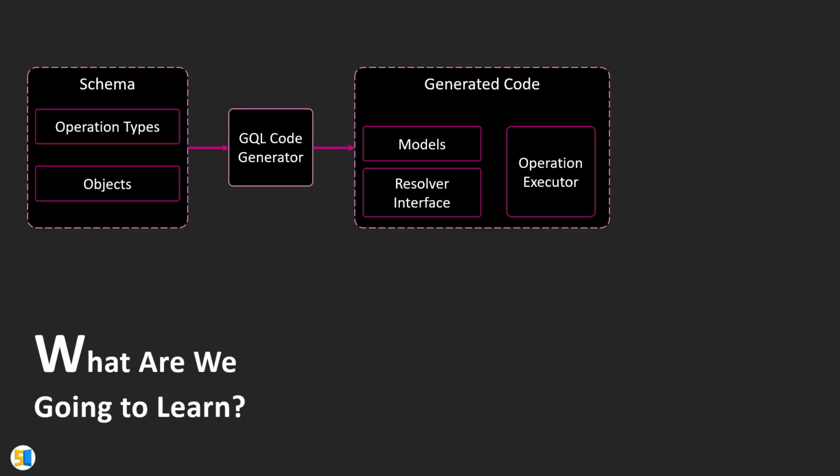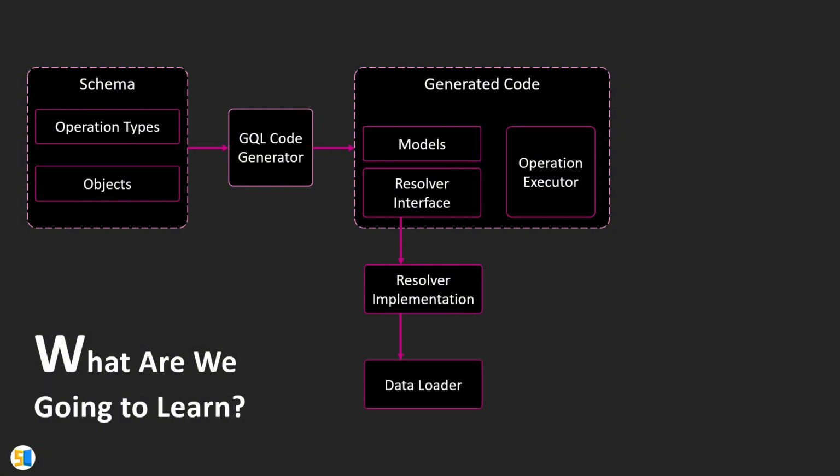We have the operation executors that contain the logic to execute the resolver, and also the resolver interface. Our job is to implement the resolver implementations, either fetching data from a database or querying external APIs. And if needed, we usually create a data loader to solve the n+1 problem.